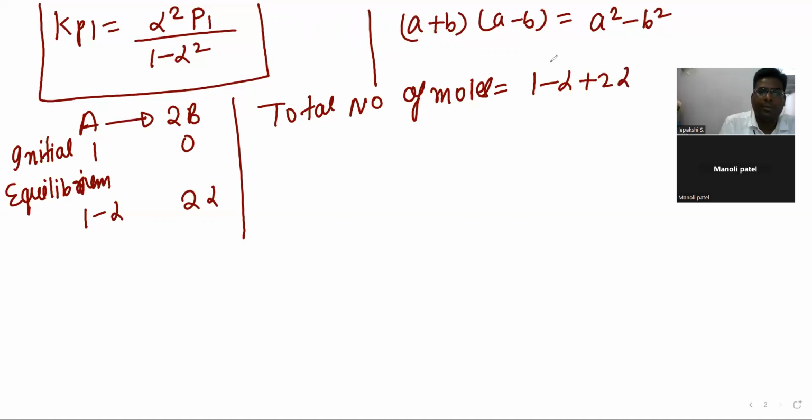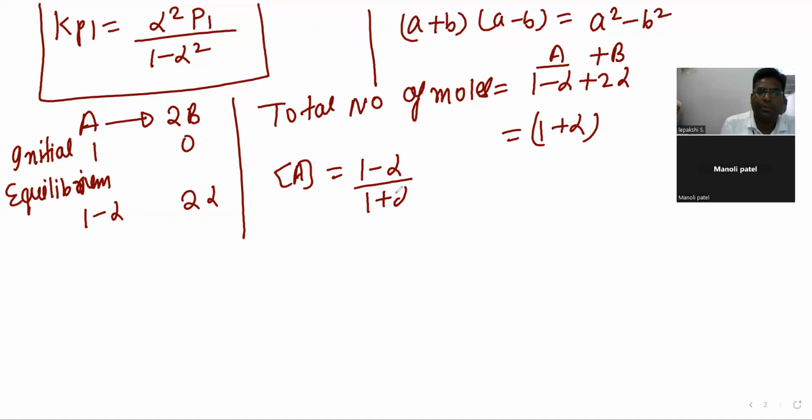Here we have added moles of A plus moles of B. Then it will become 1 plus alpha. Similarly, the concentration of A will be 1 minus alpha divided by total moles. For B, the concentration will be 2 alpha divided by total number of moles.